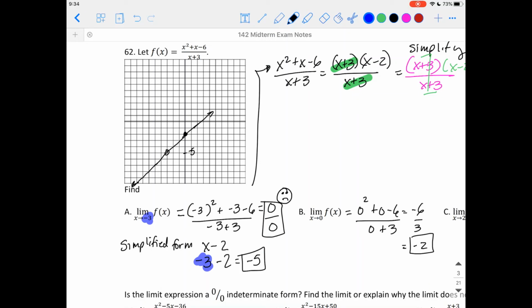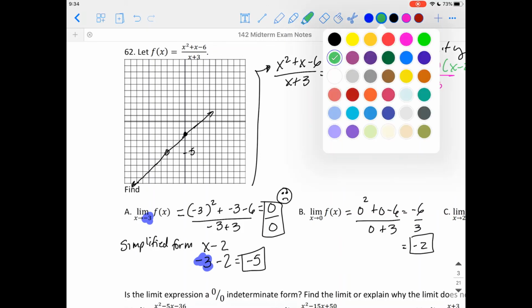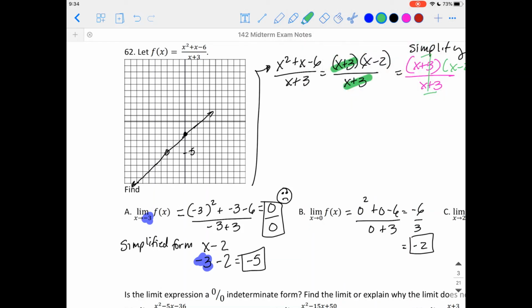And so coming from the left and coming from the right, this is for problem A, I definitely am reaching the y value of negative 5. For 0, coming from the left and coming from the right at x equal to 0, the y value that I'm reaching is definitely negative 2.